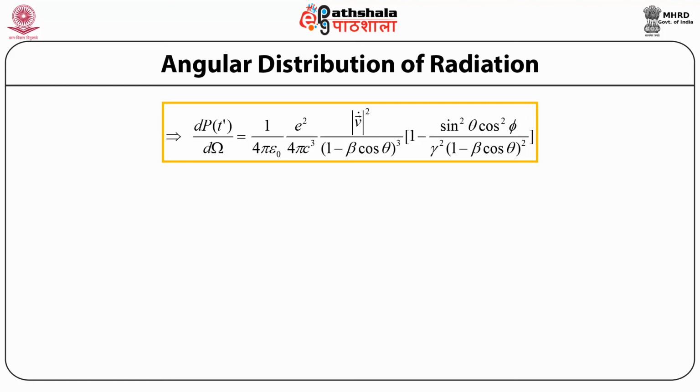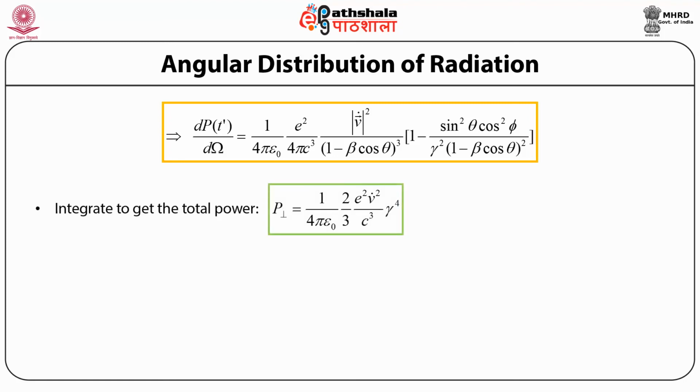Thus, we observe that the total power radiated can be obtained by integrating the above equation over d omega, and P equals 1 divided by 4 pi epsilon naught into 2 by 3 e square v dot square divided by c cube gamma raised to power 4.